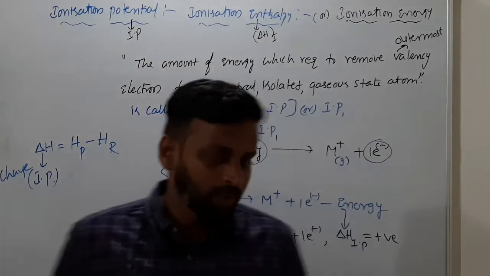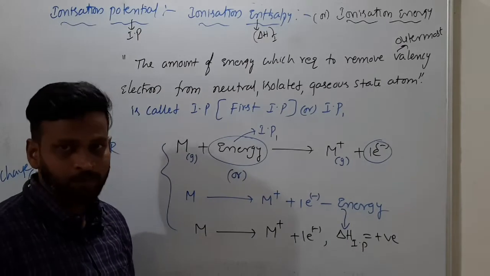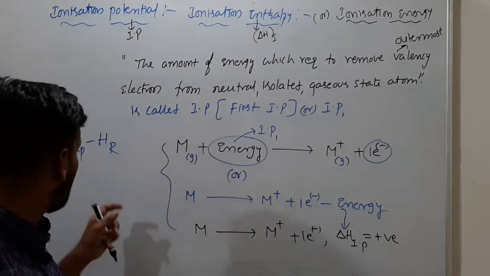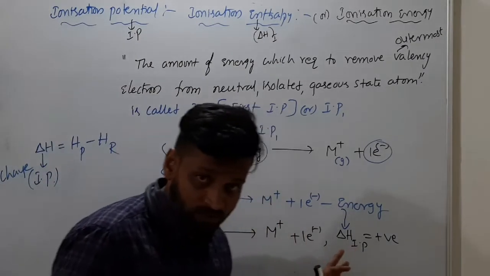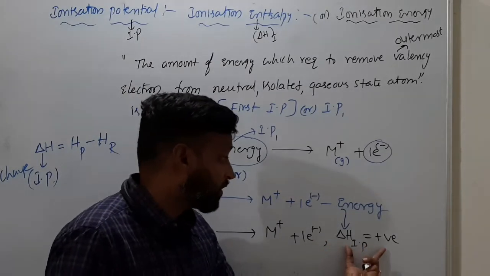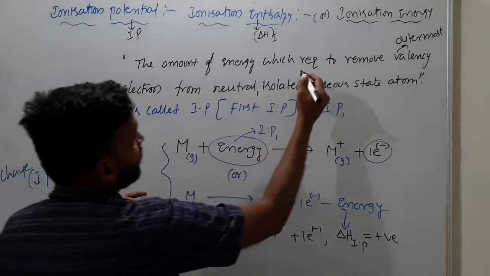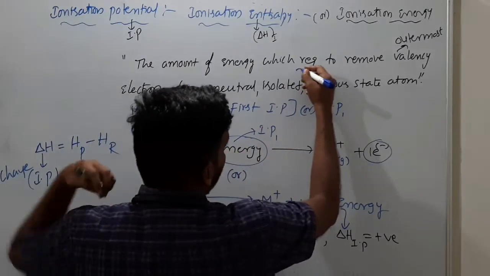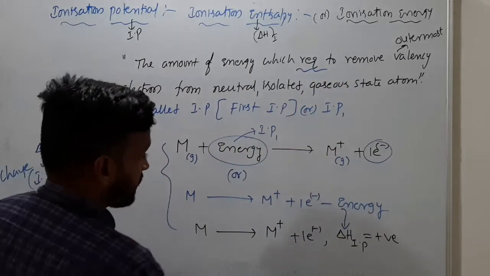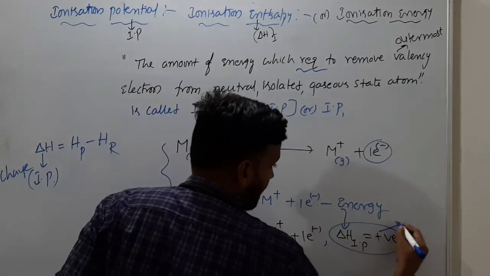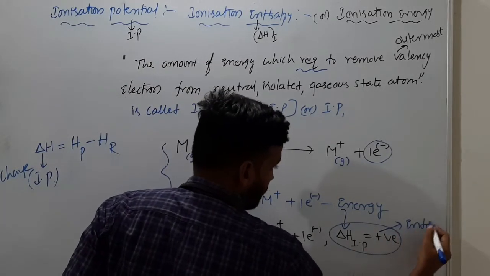But why is it positive, sir? Because it is positive, it is endothermic, heat required. What I wrote here is the amount of energy required to remove an electron, which means this process is an endothermic process.